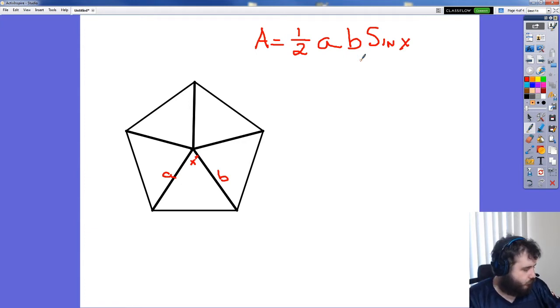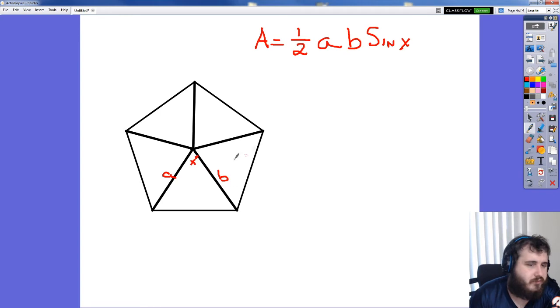So what we need is information. Well, let's start out with something easy. Since all of these are the same, that means that whatever A is, B also has to be.